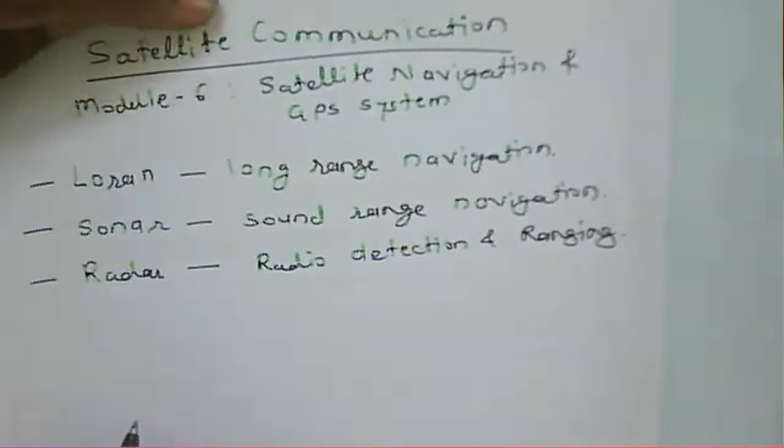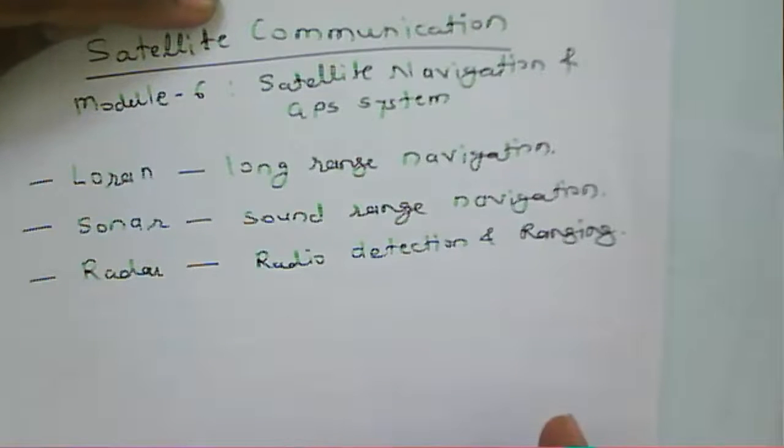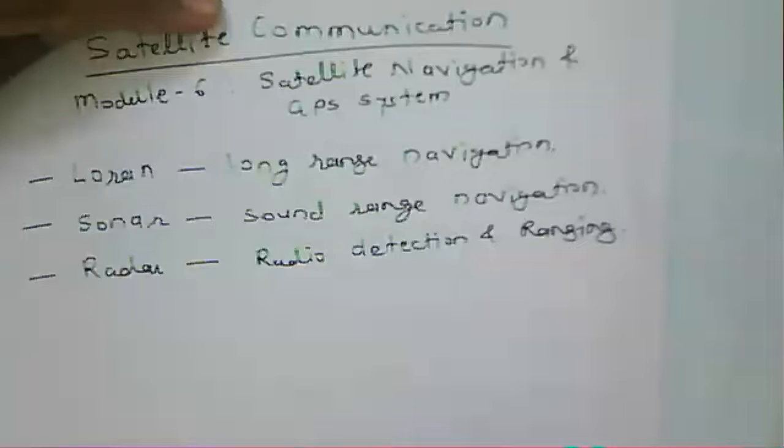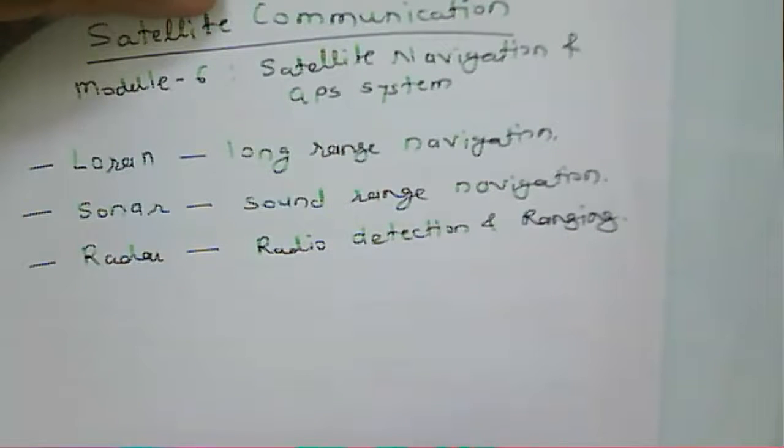Now these are the electronic navigation systems that are used to identify the position of ships or the position of aircraft.